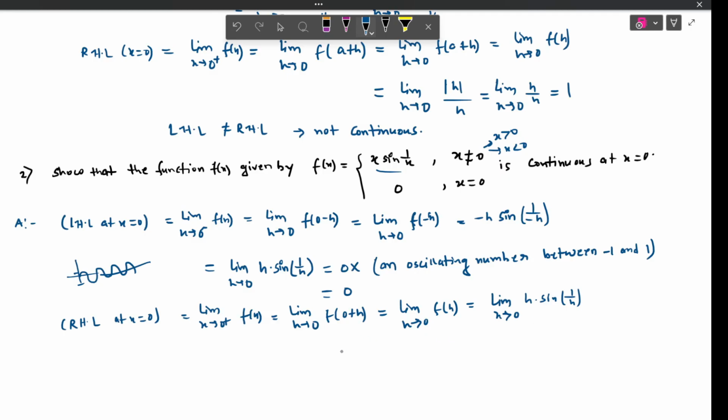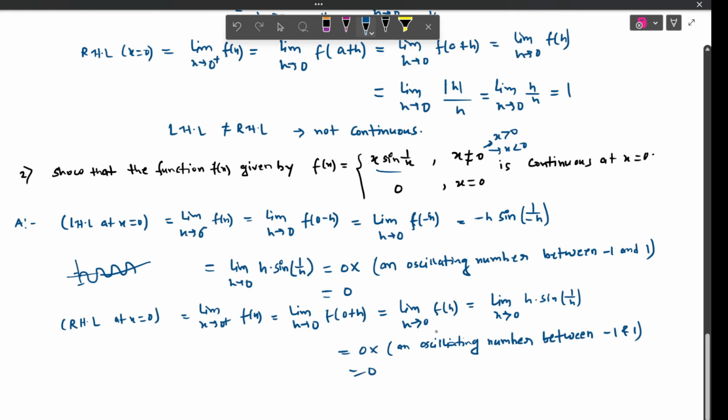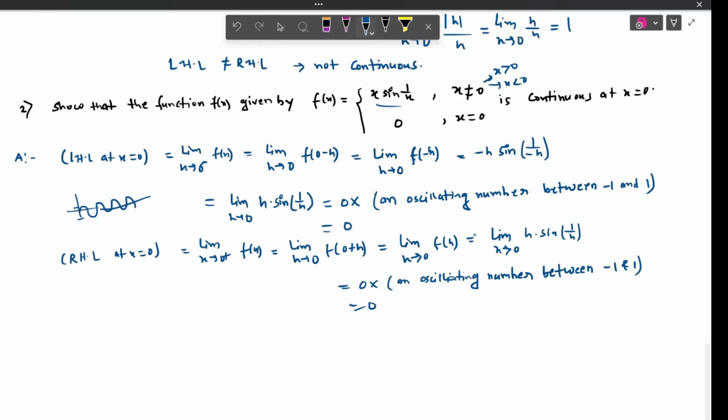Now if you put 0 here, it will again result into the same thing, 0 into an oscillating number between -1 and +1. So 0 multiplied by a number is 0, and it is given that when x equals to 0, value of the function is 0. So f of 0 is 0.